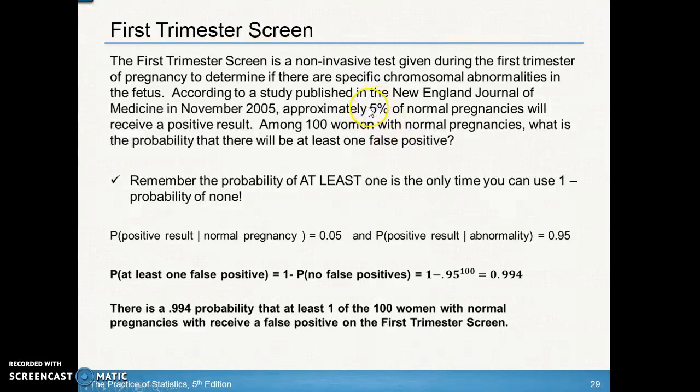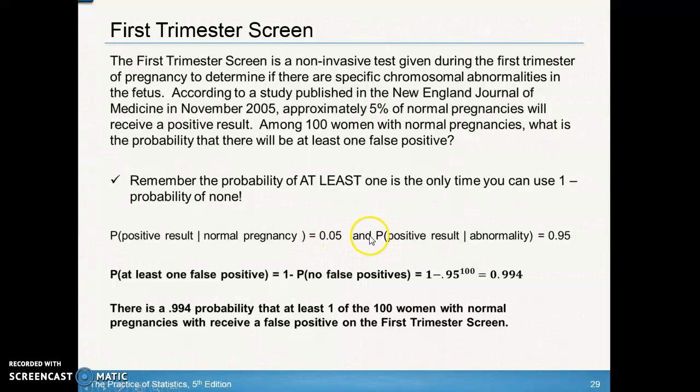Okay, so this is like saying the probability that you're going to get a positive result given that you have a normal pregnancy is 5%. So it's going to say there's an abnormality even though there isn't.